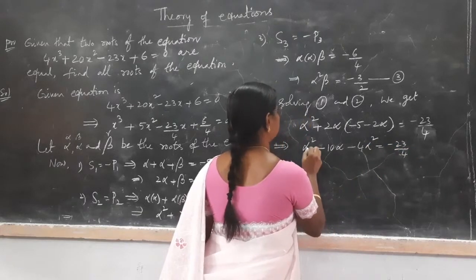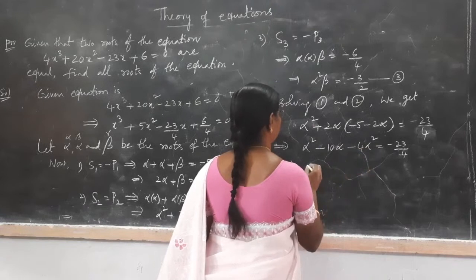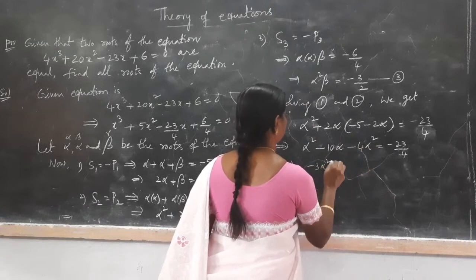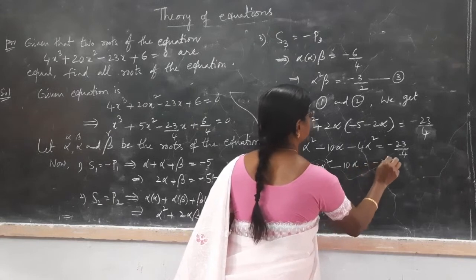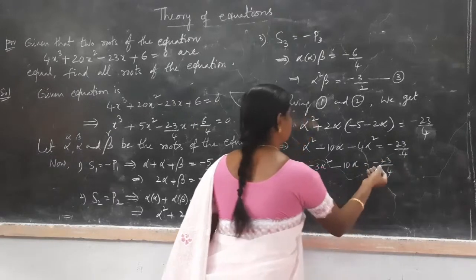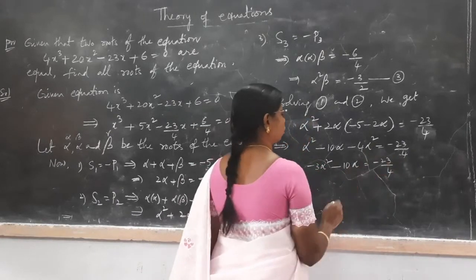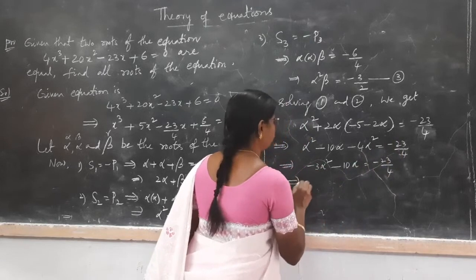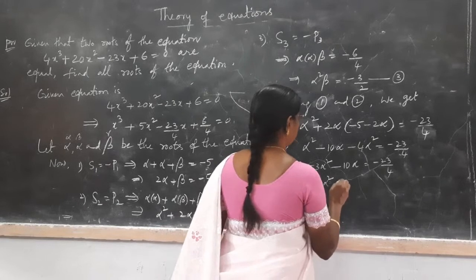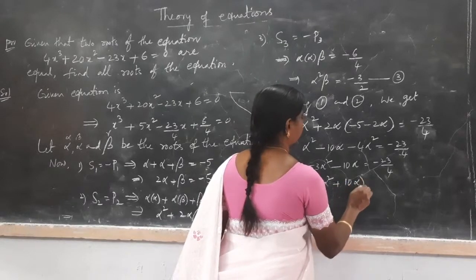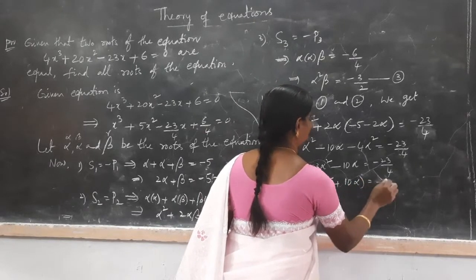This implies alpha square minus 4 alpha square, minus 3 alpha square, minus 10 alpha is equal to minus 23 by 4. So take the minus common and cancel out. Bringing 4 across, 4 into 3 alpha square plus 10 alpha is equal to minus 23.